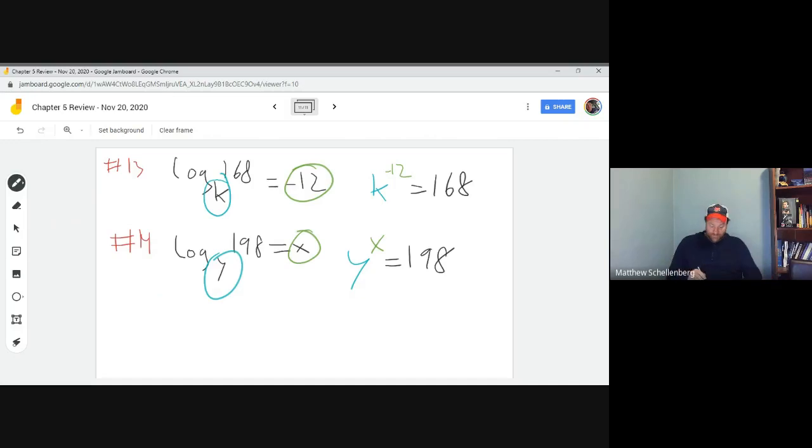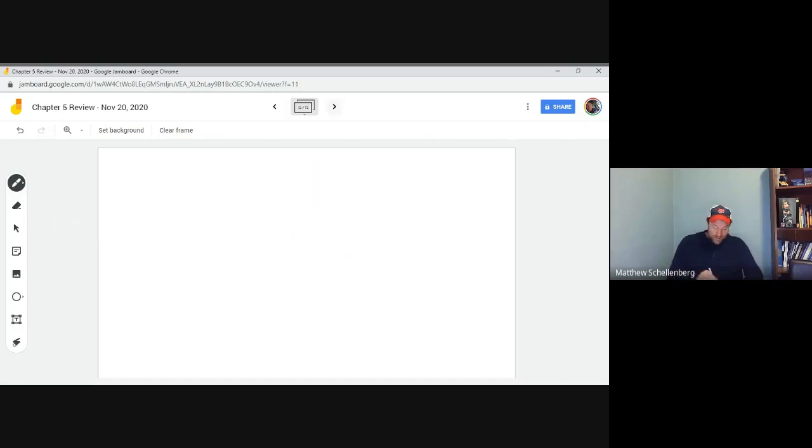15. Number 15. 49 to the half power is 7. Rewrite it in logarithmic form. It can't be that easy, can it? After all that, what a letdown. I think the function stuff was harder than any of this logarithmic stuff.